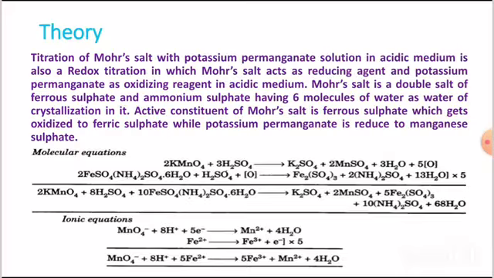The overall reaction: when KMnO4 and ferrous ammonium sulfate react in acidic medium, it forms potassium sulfate, manganese sulfate, ferric sulfate, ammonium sulfate and water. Ionic equation: the first is the reduction half reaction, which shows gaining of electrons, and the second is the oxidation half reaction, where the ferrous ion, by losing an electron, is converted into a ferric ion.